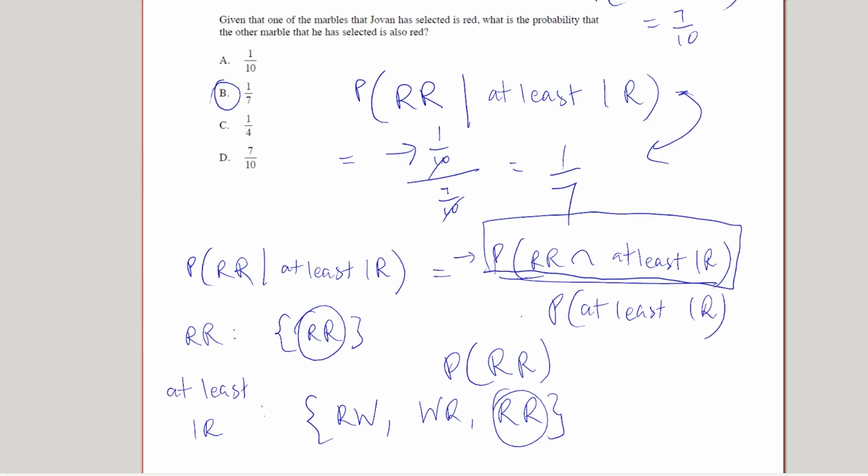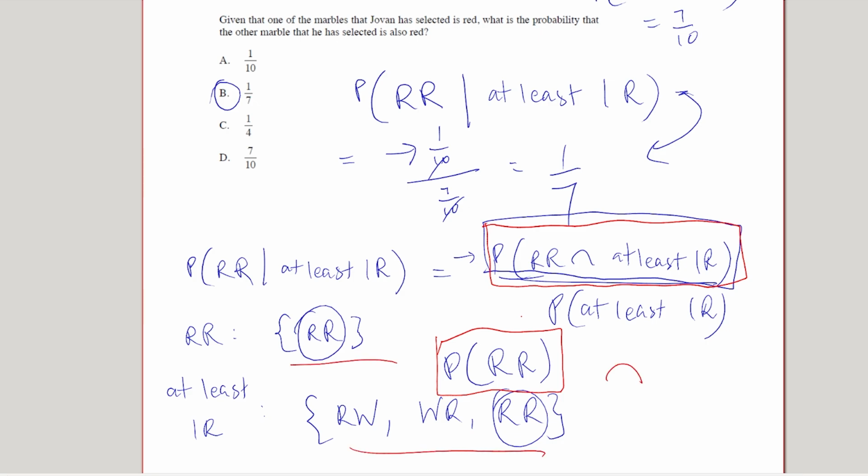So all I did was replace this with this, because if you look at the two sets, the intersection between them is just going to be the probability of RR. So that's why I went from here to here, and 1/10 over 7/10 is 1/7, which is why it's B.